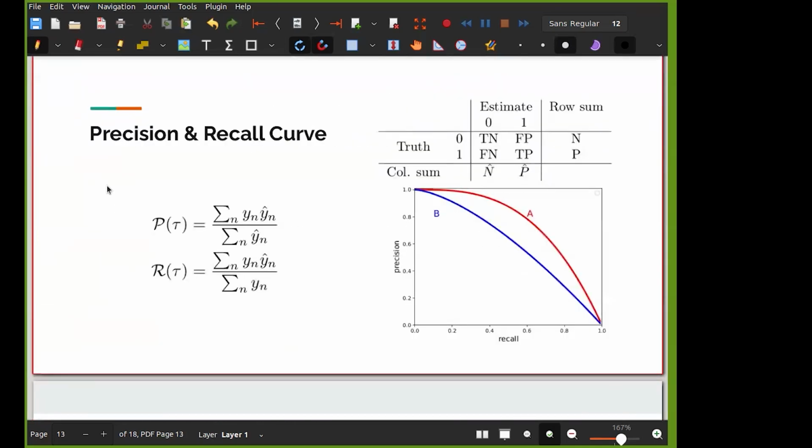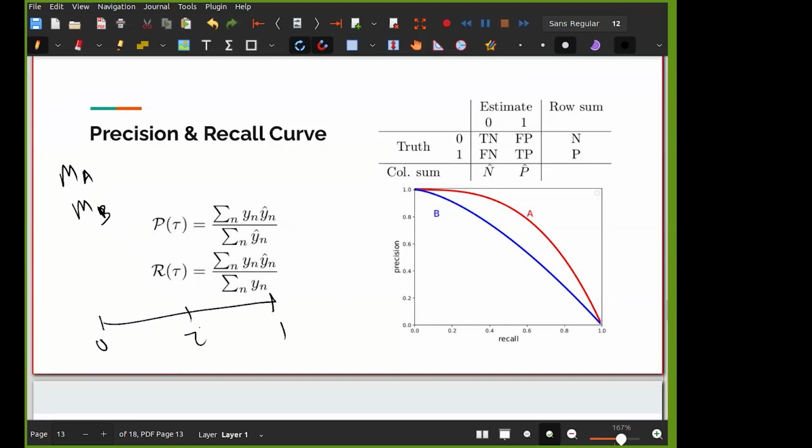Again, it's the same thing as the ROC curve, but we are just choosing different metrics for the X and Y axes. So again, you have model A and model B, and I want to compare these two models. For each sample and each model, we'll get a score between 0 and 1.